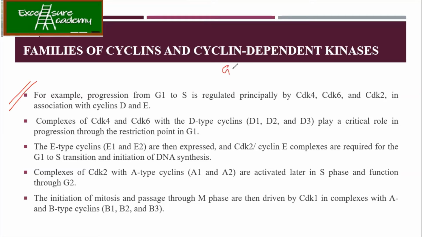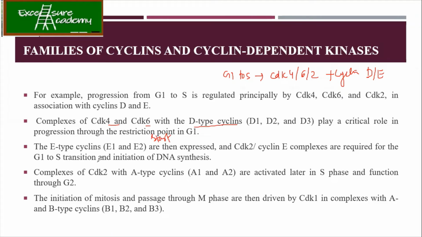Okay, so from G1 to S, it is CDK4, 6, 2 plus cyclin D and E. Here again, CDK4 and 6 are with the D-type cyclins, so they are responsible for passing your restriction point or the start point, which we have mentioned.